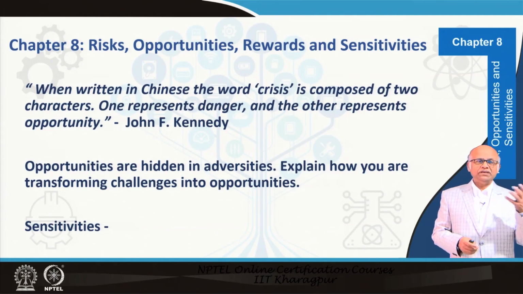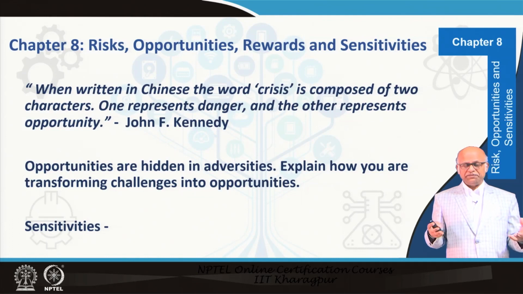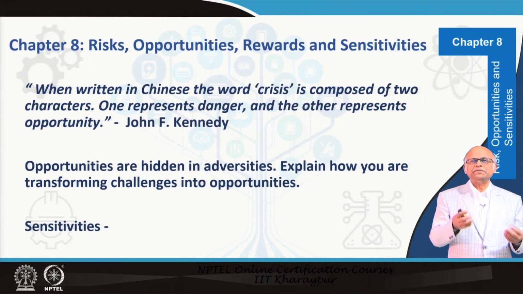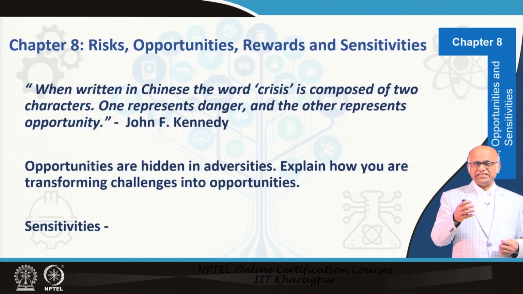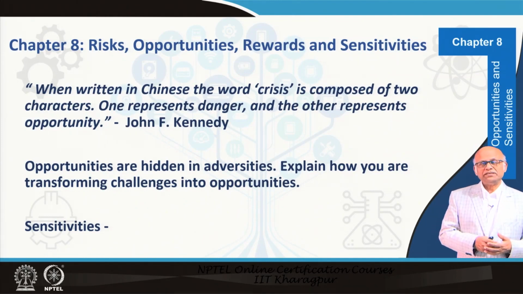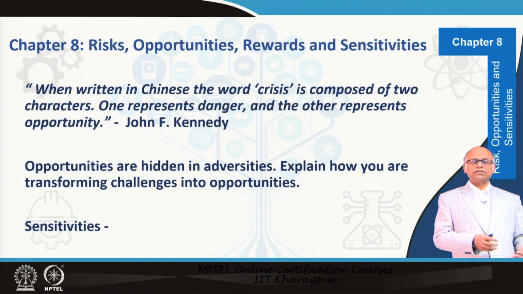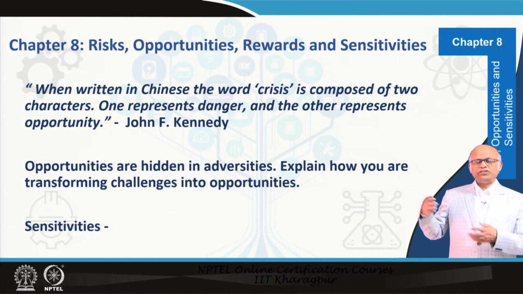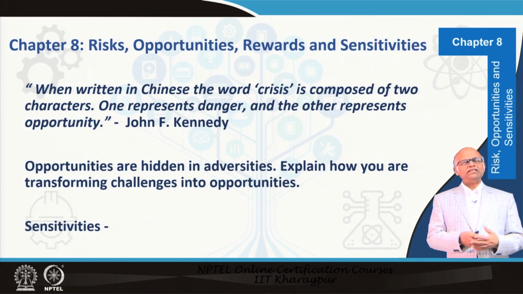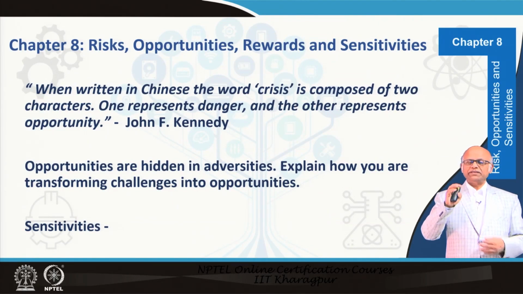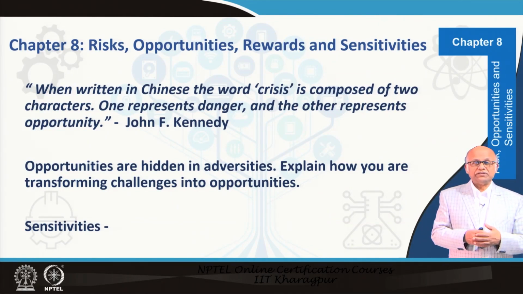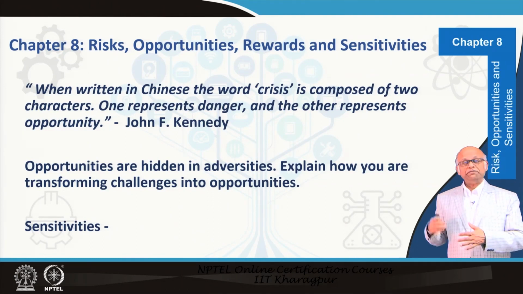There is something called sensitivities. Sensitivities is how sensitive your business is to fluctuation in price, fluctuation in input cost, fluctuation in salary, fluctuation in interest rate. So, in your financials you should make different scenarios: optimistic, realistic, pessimistic.